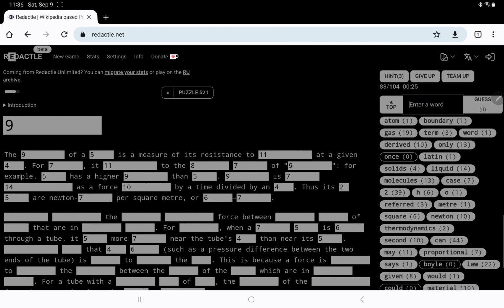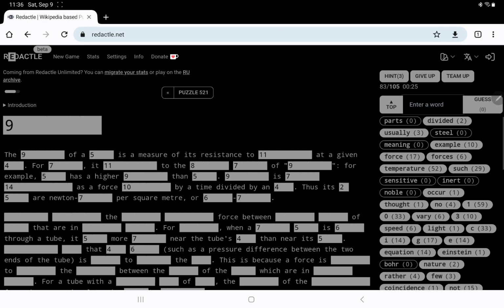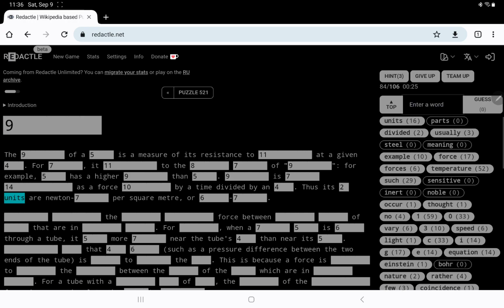I'm sure I did atom, yeah, by an, thus it's something parts. Oh, units. Ah, okay. Oh, SI units. There we go. Are Newton-7 per square meter R6-7.